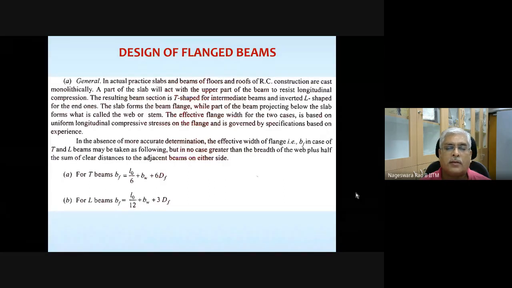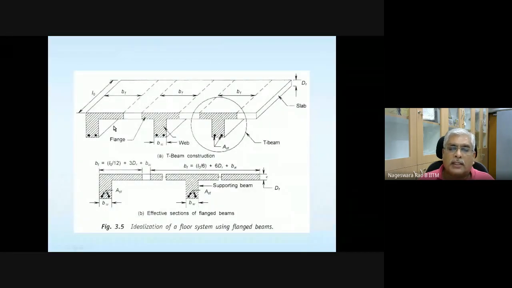the roof in your house or even in a classroom, it consists of beams on top of which slab is going to be there. So actually in this beam and slab, a part of the slab is going to act integrally with the beam. So in fact, it's going to behave like a T section, depending on the location. Suppose this is a floor system, and this is the end beam, and these are intermediate beams.